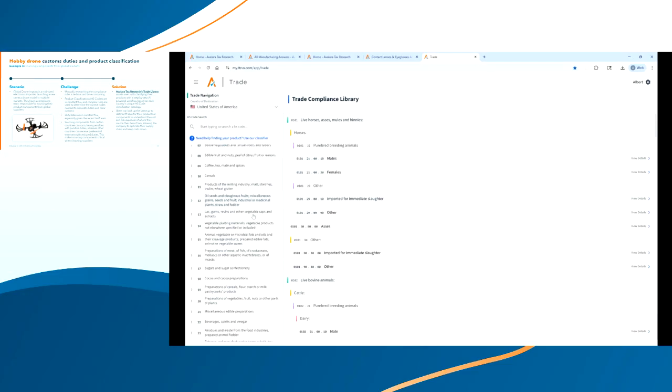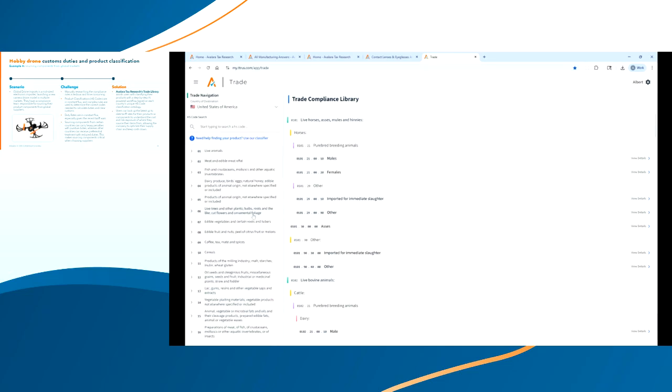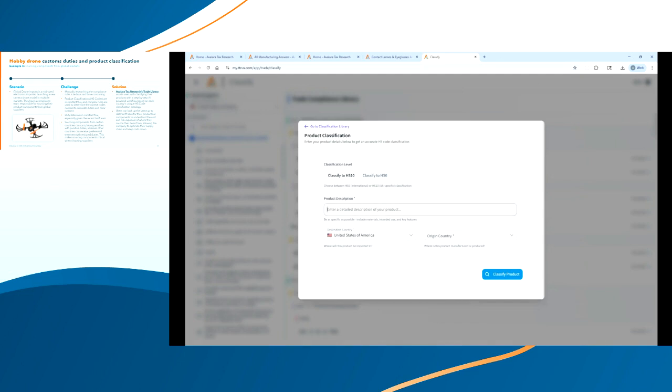We have all the HS codes and all the details on the HS codes in this library, but most likely what you're going to want to do is find your product. And we have a really detailed classifier that can help you accurately do that. So we're going to start with drone. Our product description is a drone, and it's coming from China.